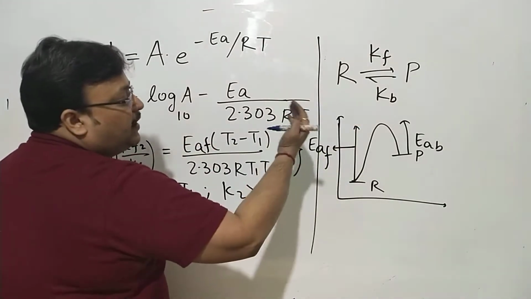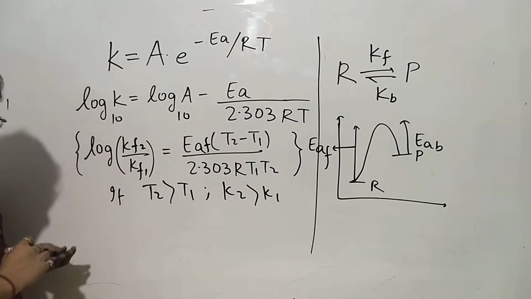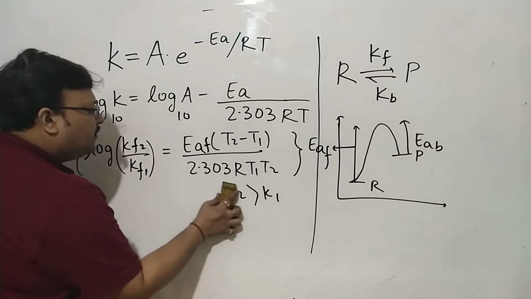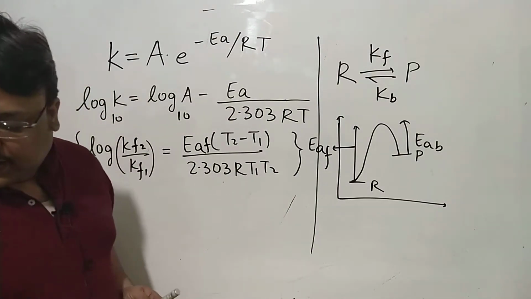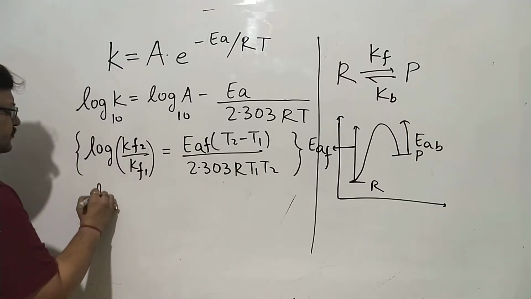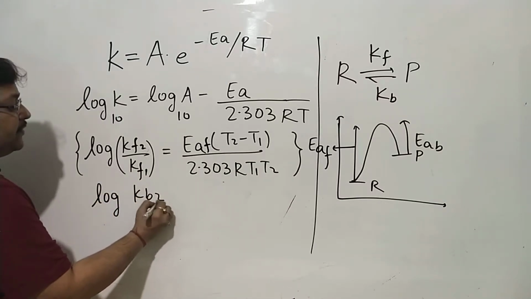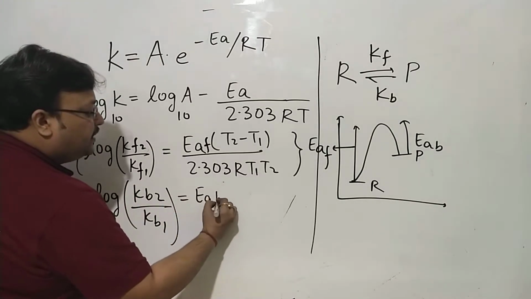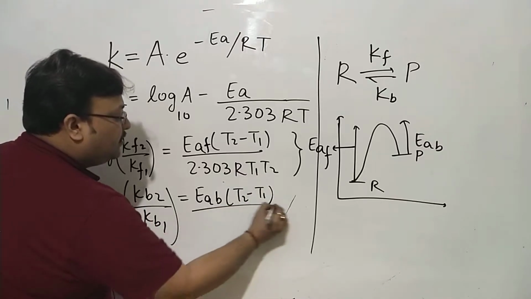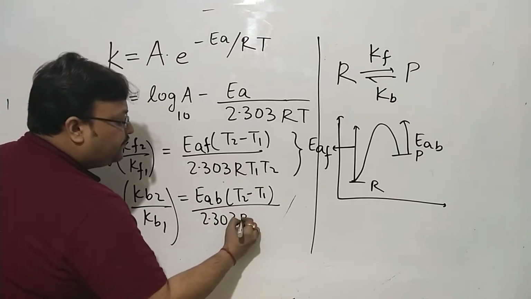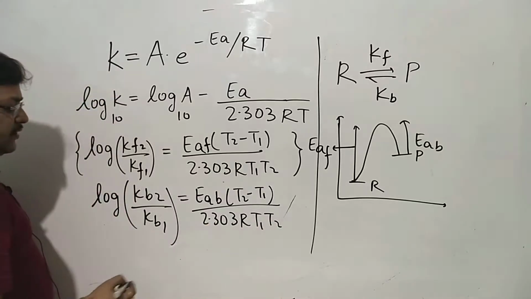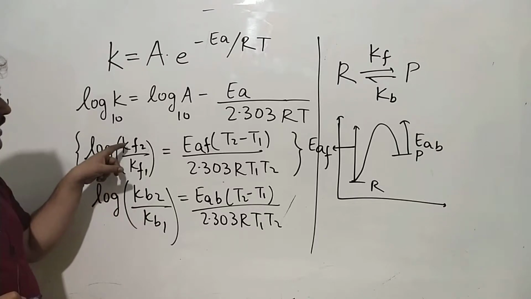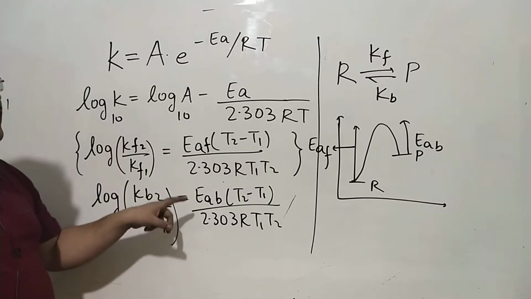And for the rate constant backward, I could write log Kb2 by Kb1 is equal to EAB (T2 minus T1) upon 2.303 R T1 T2. So at T1 the value is Kb1, at T2 the value is Kb2. This is how Kf changes with temperature. This is how Kb changes with temperature.